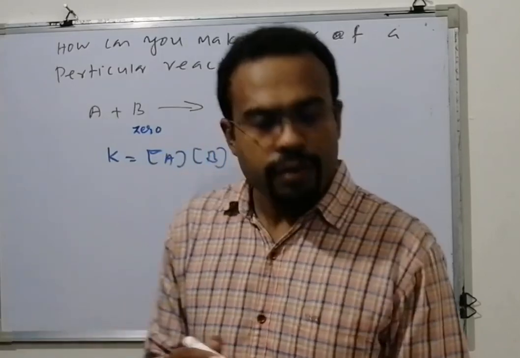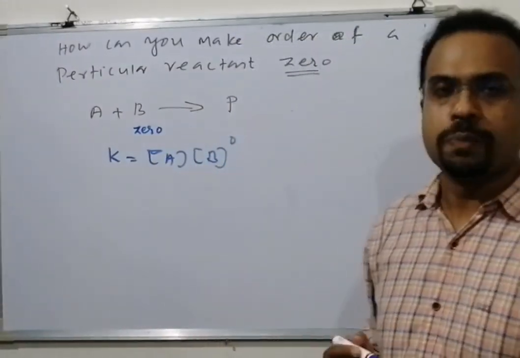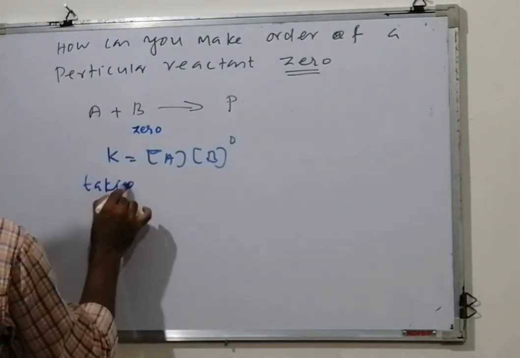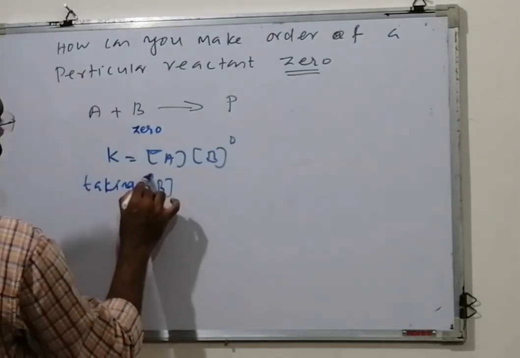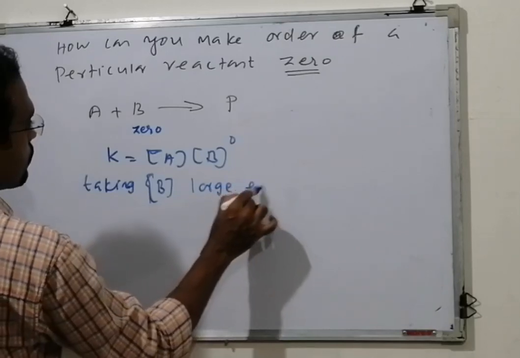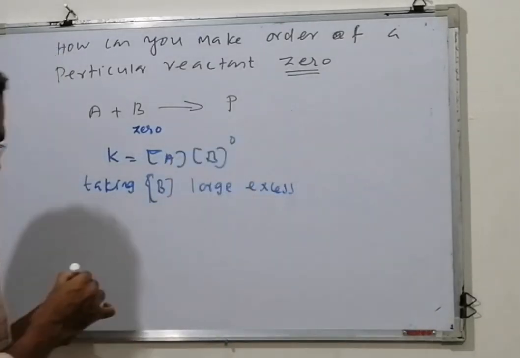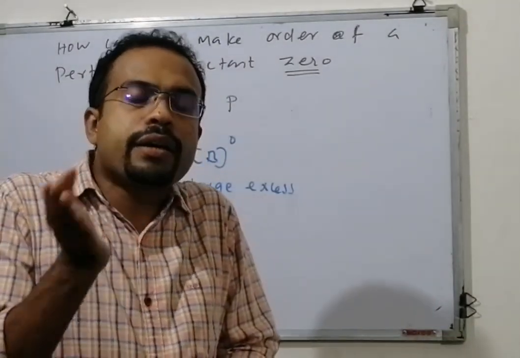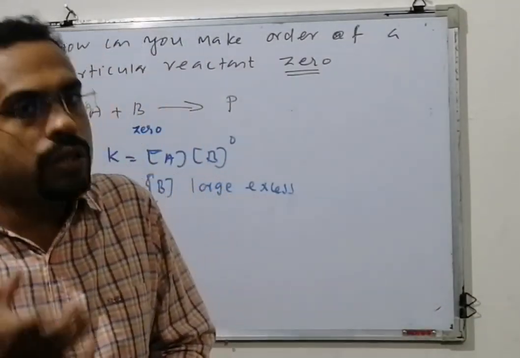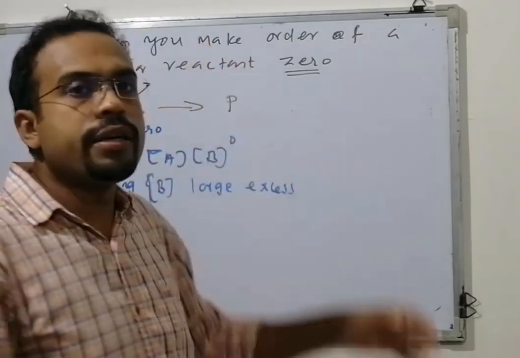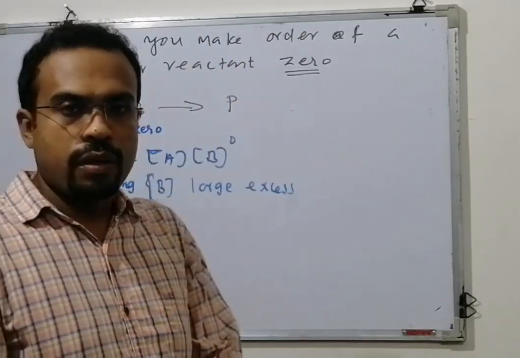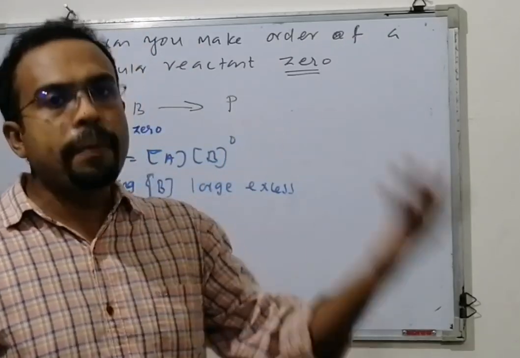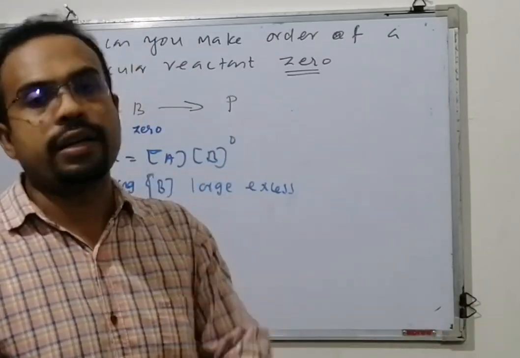Is it possible? Yes, it's possible. How? By taking B in large excess. If you want to make the order of a particular reactant 0, you take that quantity very large. Then the concentration of that reactant will be independent of the rate of the reaction.